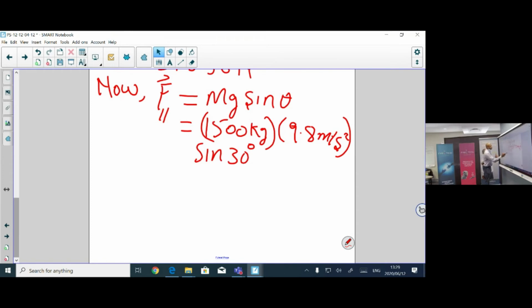I need you to calculate with me. We have 1,500 multiplied by 9.8 multiplied by sine 30, which is 7,350 Newtons, because we are just calculating the force.